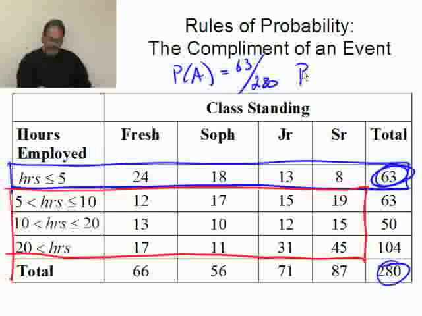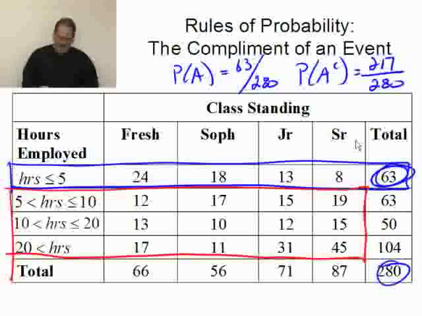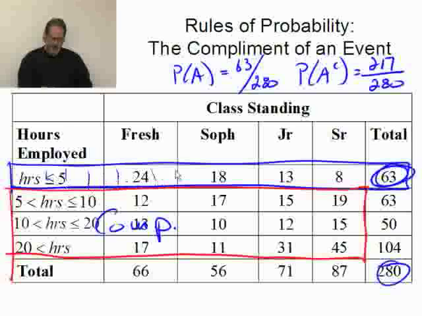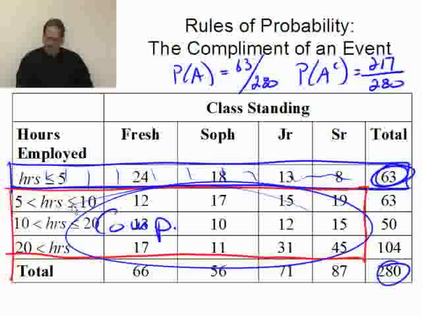That means the probability of the complement of A is going to be 217. That's the sum of all these others, divided by 280. This is the complement. If this is event A, then this area here, everything else, is the complement of A.